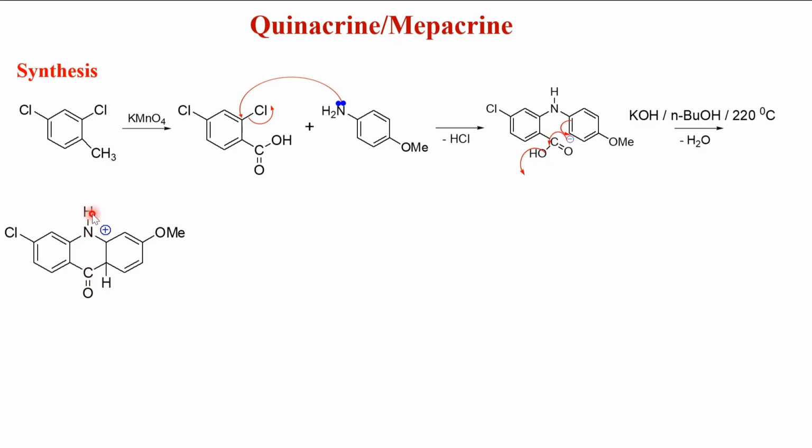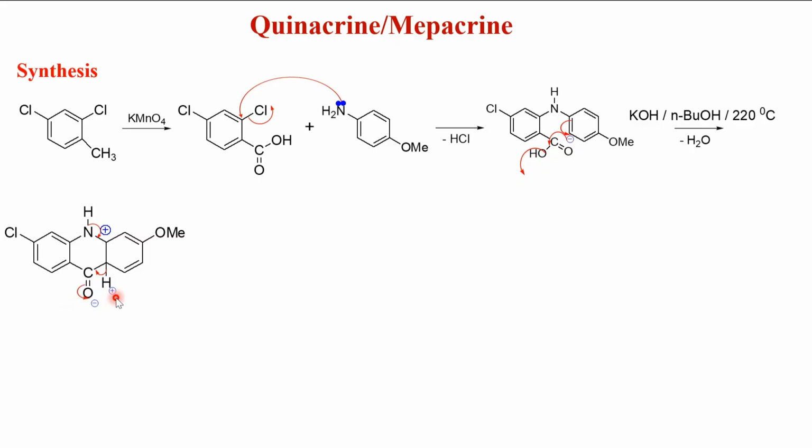Then the molecule undergoes aromatization for its stability. The electrons between the nitrogen and hydrogen are utilized to form a bond with the adjacent electron deficient carbon, and this is lost as H plus, and the carbon-hydrogen bond here breaks, and those electrons are utilized to form a bond with the electron deficient carbonyl carbon, and to maintain its tetravalency these electrons move onto the oxygen and it becomes O minus.